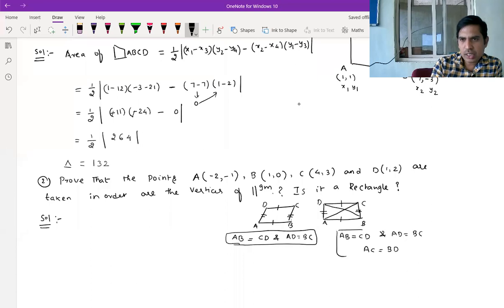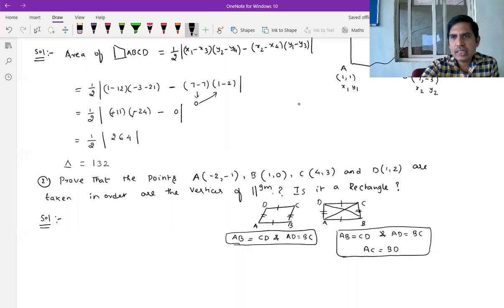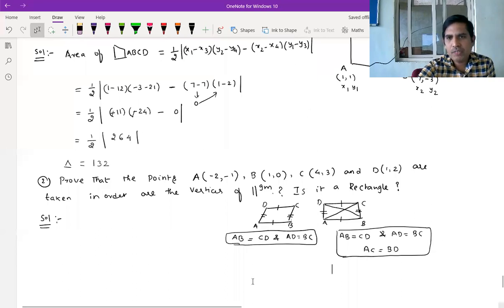These are the conditions we have to verify for a rectangle. The first question is to prove the points taken in order are the vertices of a parallelogram. First verify this one. Is it a rectangle? Extra, we have to verify the diagonal lengths. Understood?